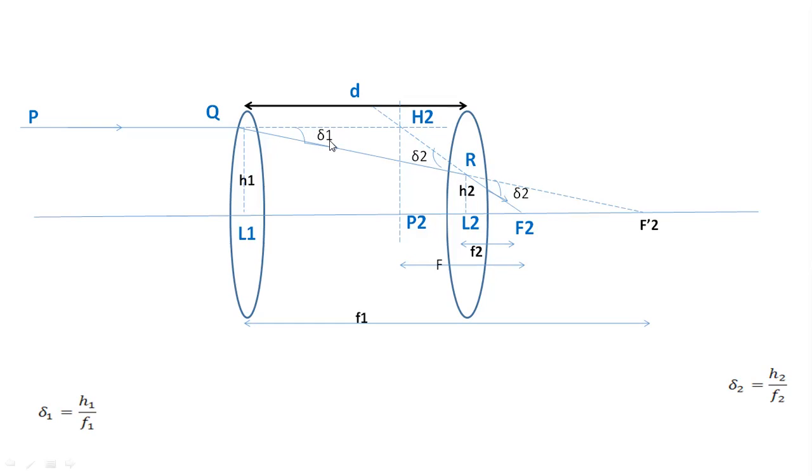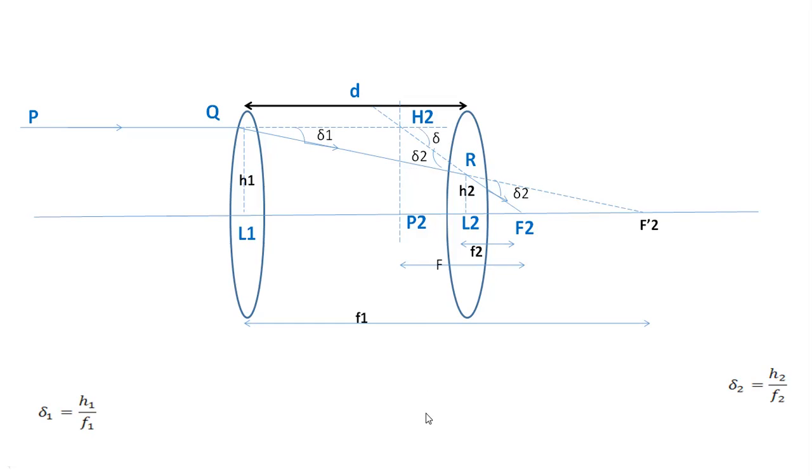Now I have another angle here. This is the exterior angle. We have one exterior angle delta, and two opposite non-adjacent interior angles delta 1 and delta 2.